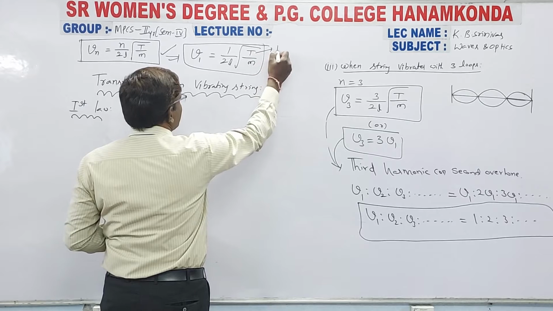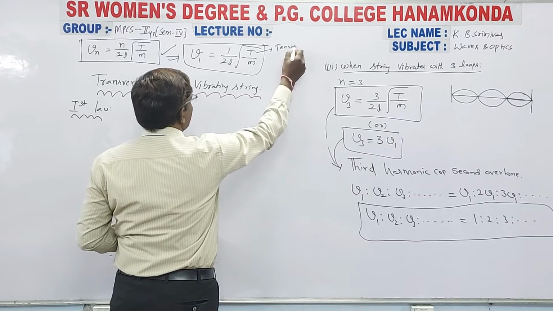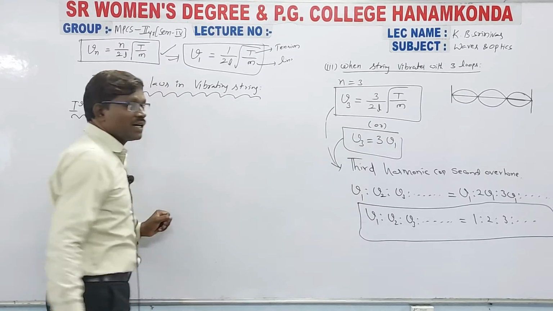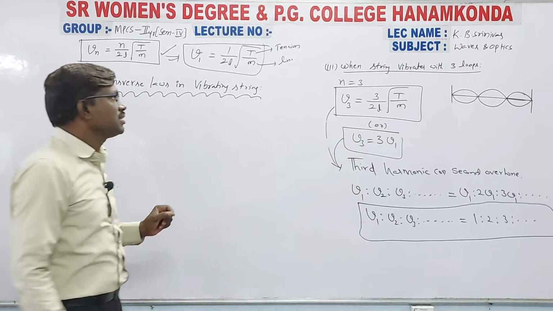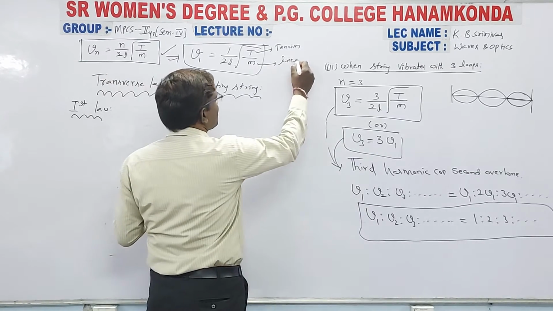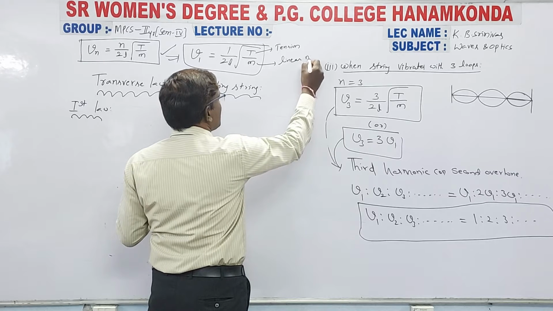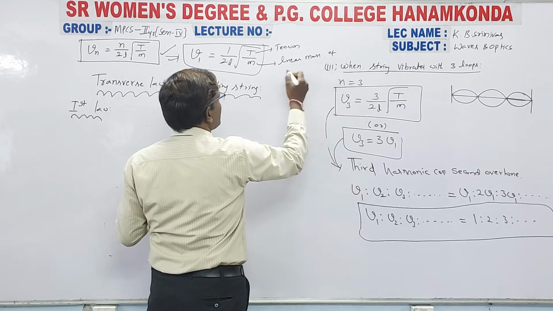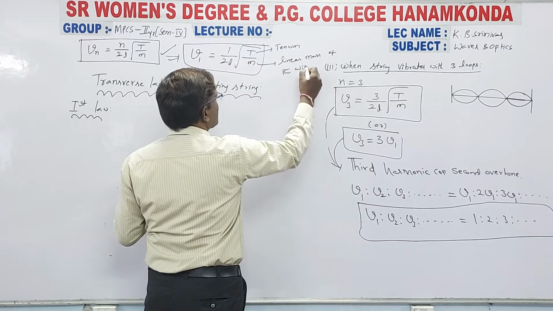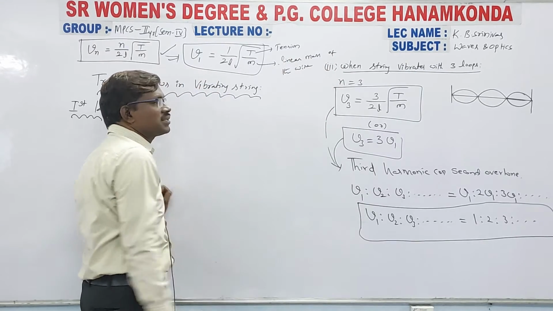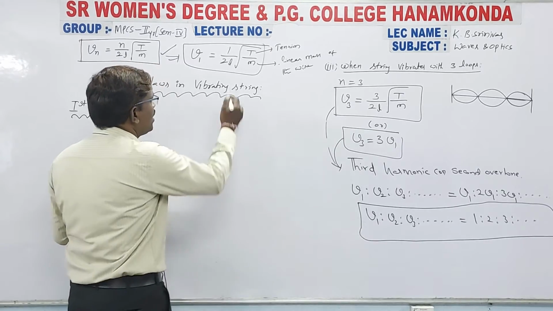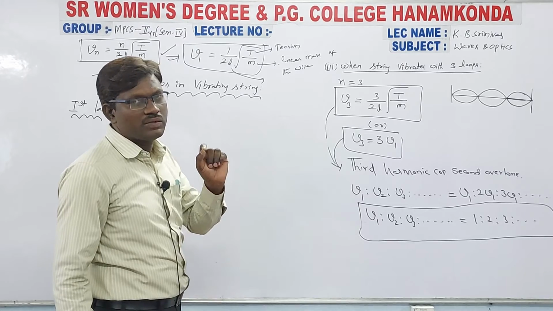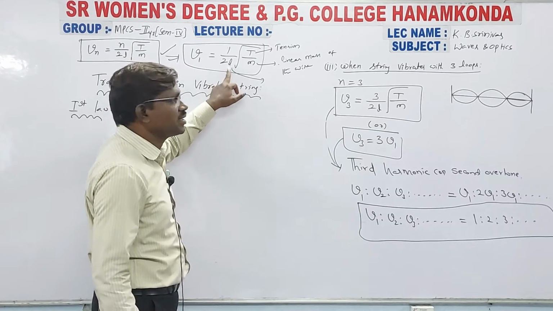What is T? Tension in the wire or in the string. This is not mass of the wire. This is linear mass of the wire. Linear density or linear mass density. Linear mass of the wire. Or this is also known as linear mass density. What is L? The string is vibrating with a length which is equal to how much?